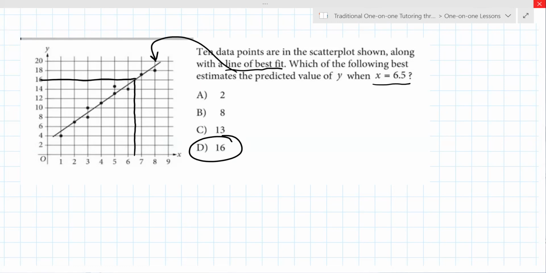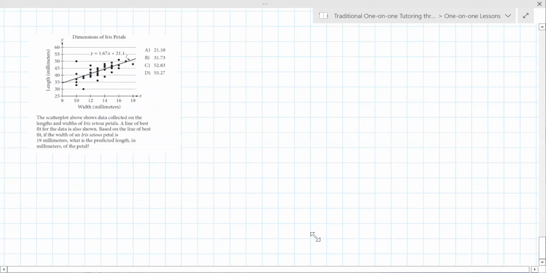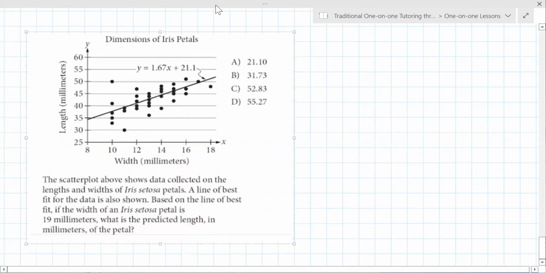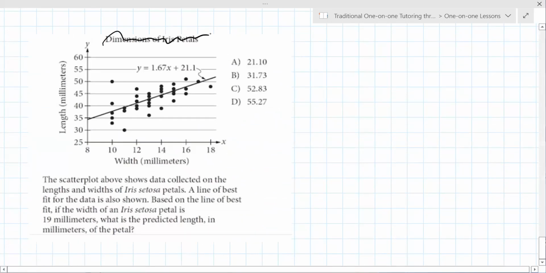Much like the table problems and some of the other questions we've looked at, the actual information contained in these is not important. Do not get interested in the dimensions of iris petals and whatever iris setosa is. Somewhere you need to figure out what the actual question is asking.